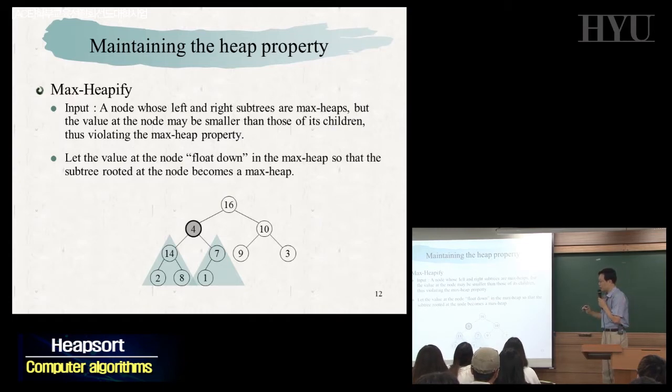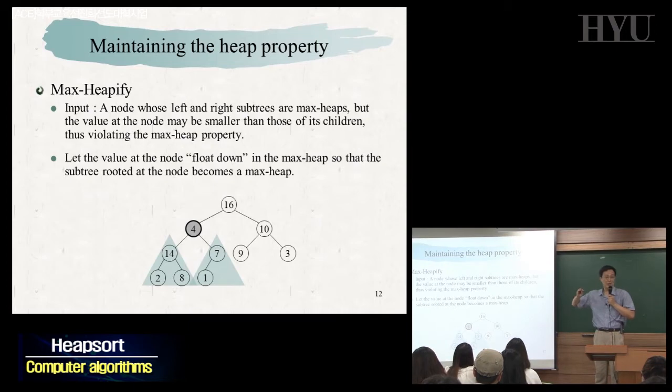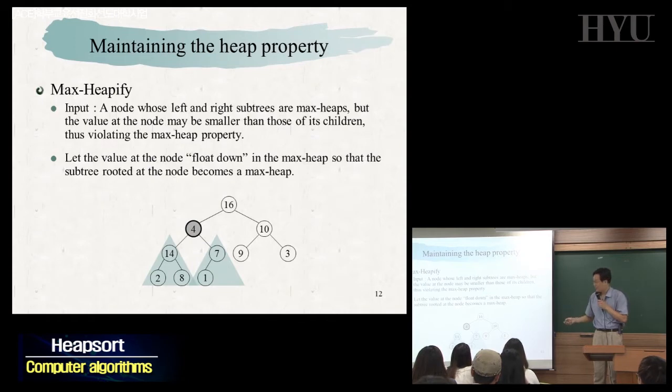Its right subtree and left subtree should be max heaps. So there is no violation with the key stored in the subtrees. 14 is bigger than 2, and 14 is bigger than 8, and 7 is bigger than 1.